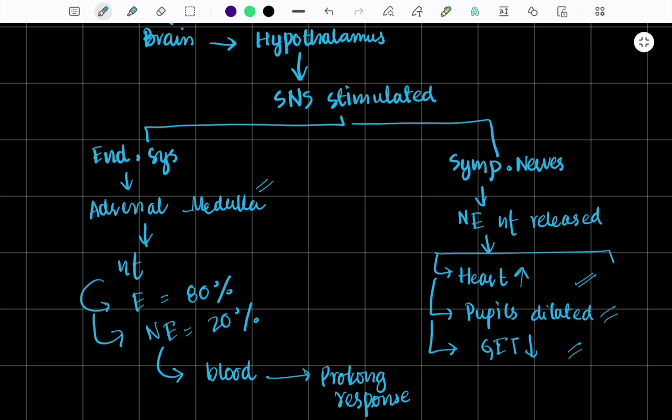That is why the sympathetic system is known as the diffuse system, because meanwhile the immediate responses are produced by the sympathetic nerves, the prolonged and widespread responses are produced by the endocrine system, the adrenal medulla. That's why the sympathetic system is a diffuse system, because it activates many organs simultaneously, right?